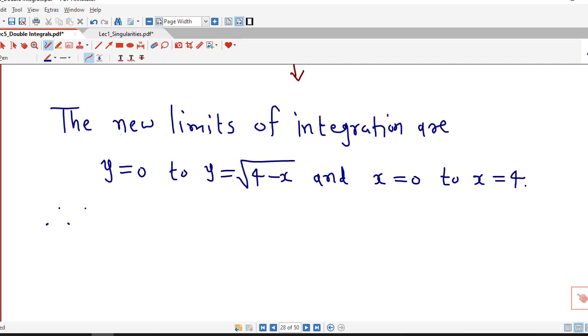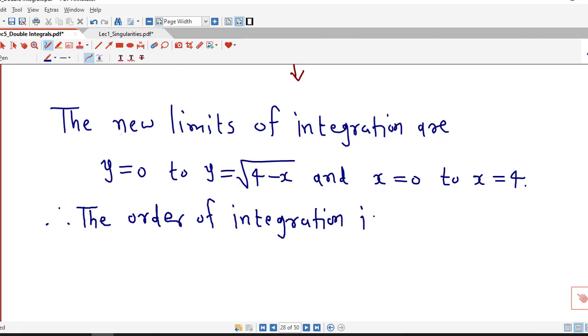So therefore the new order of integration is first with respect to y and then with respect to x.